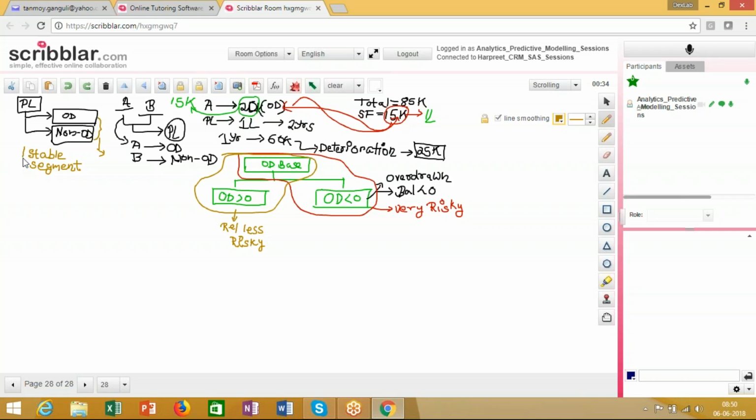To identify the stable segment, the first check that I need to do is that the bad rates should be significantly different.